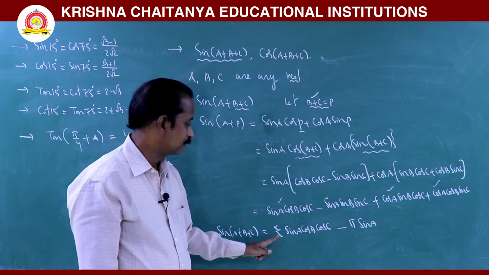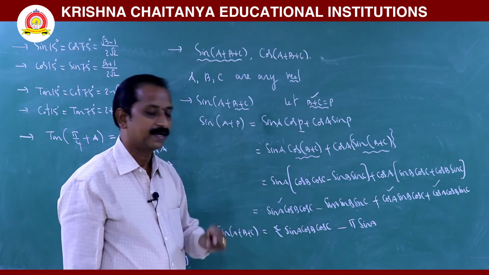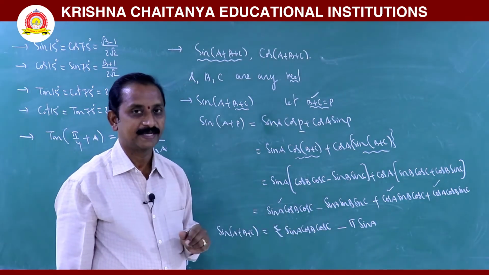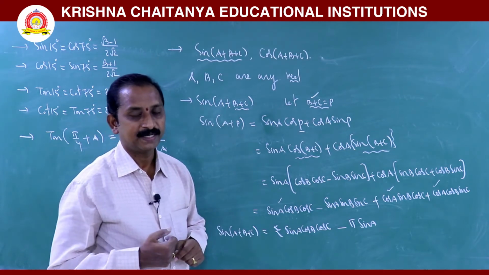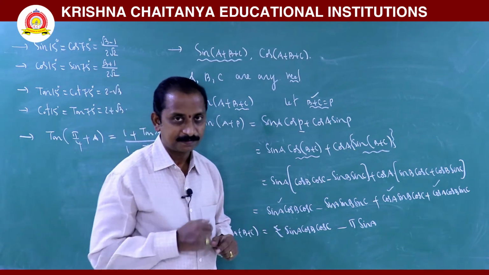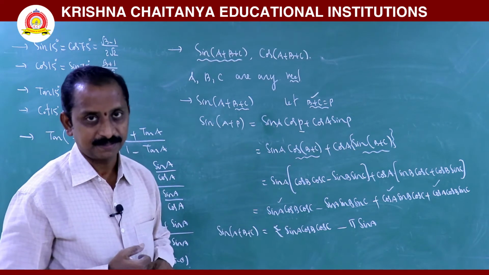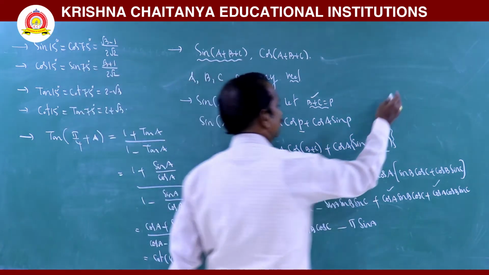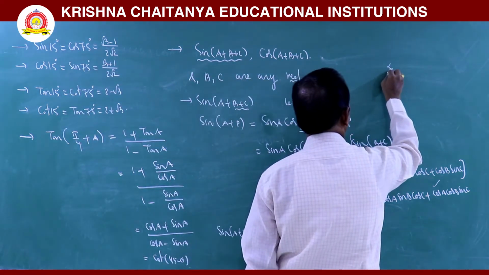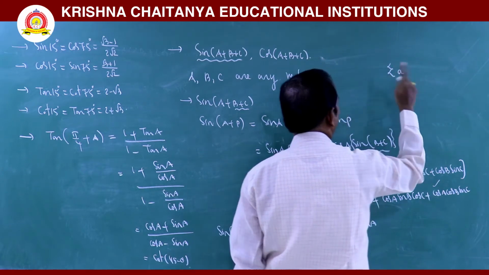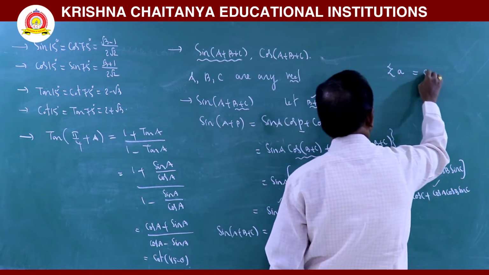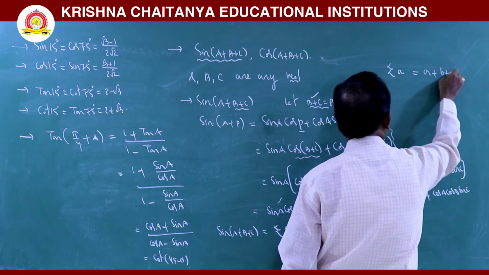I can explain sigma and pi with one example. In a triangle, the lengths of the sides are a, b, c. Expanding sigma a means a plus b plus c.